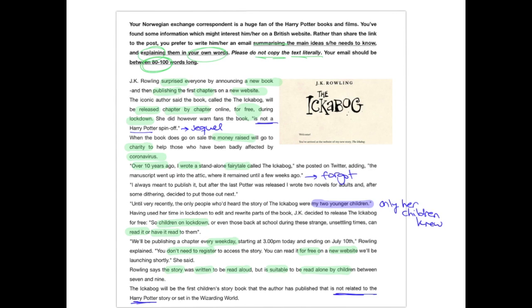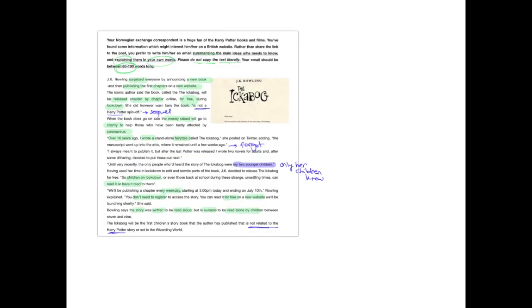Reorganize your ideas. So probably the best bit of information: J.K. Rowling, new book, published online for free.